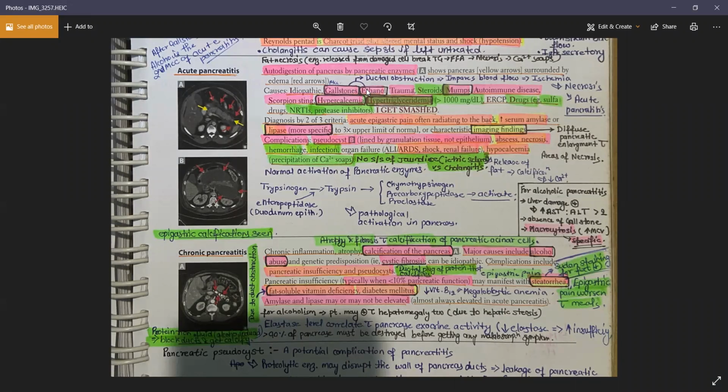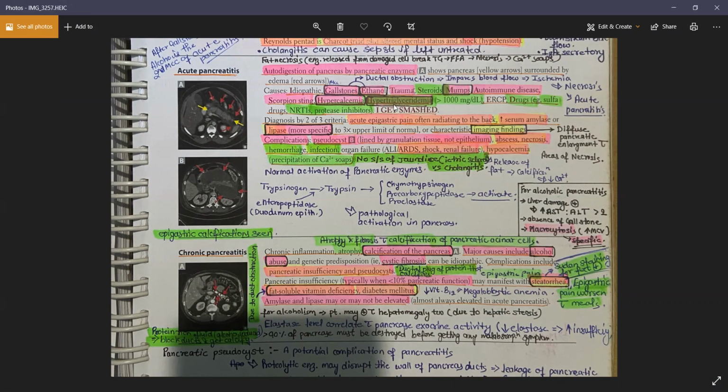A high ALT AST count along with pancreatitis can make you choose ethanol also, right? And after gallstones, ethanol is the second most common cause of acute pancreatitis.